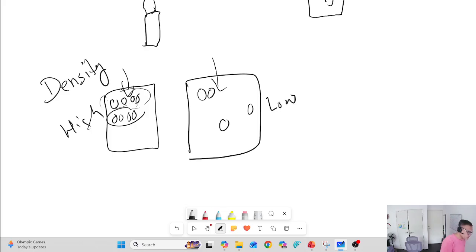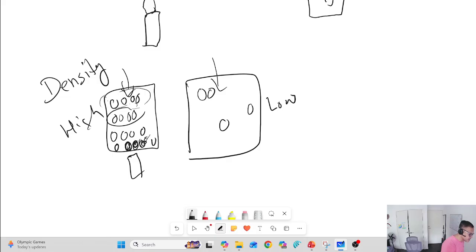So when you heat up, let's say these are all water molecules, and when you heat them up, they get energy, right? And then they start to move apart. Moving apart means the distance between them will increase.